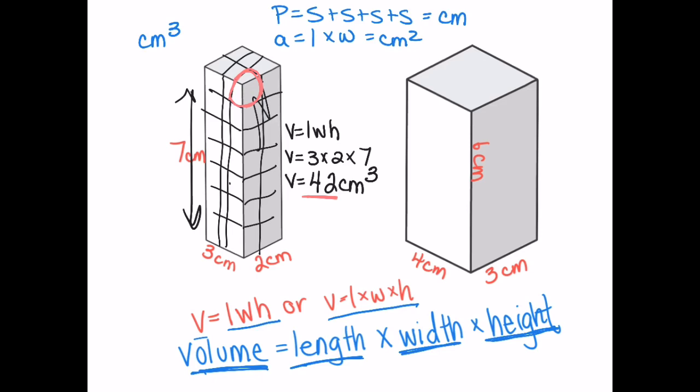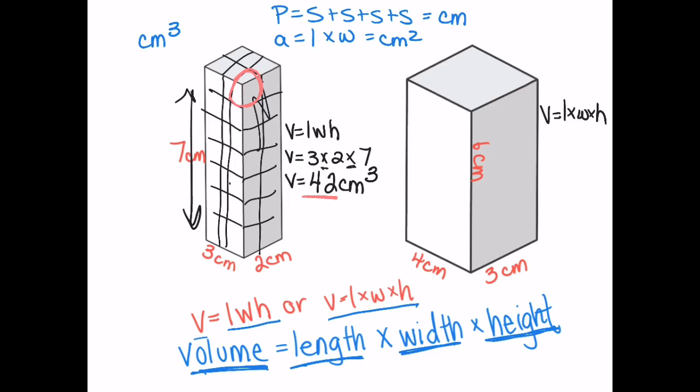So let's go over here and do this one. We know that our formula is volume equals length times width times height. It does not matter what way we put these, because we're multiplying, and when multiplying it doesn't matter.